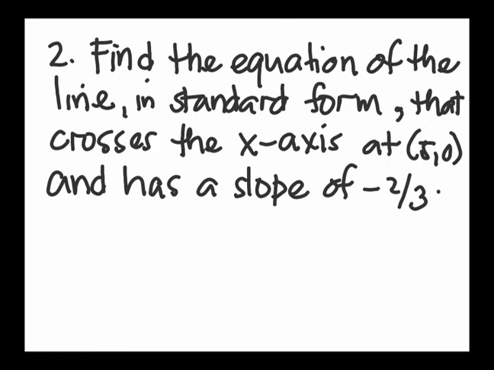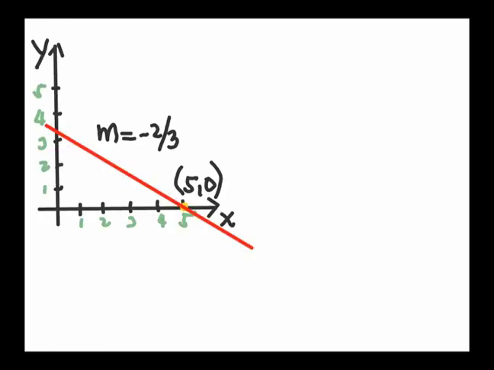Let's have this second example. Here, we'll find the equation of the line in standard form that crosses the x-axis at the point 5, 0 and has a slope of negative 2/3. As we can see here, we have this sketch of the line passing through the point 5, 0 and has a slope of negative 2/3.